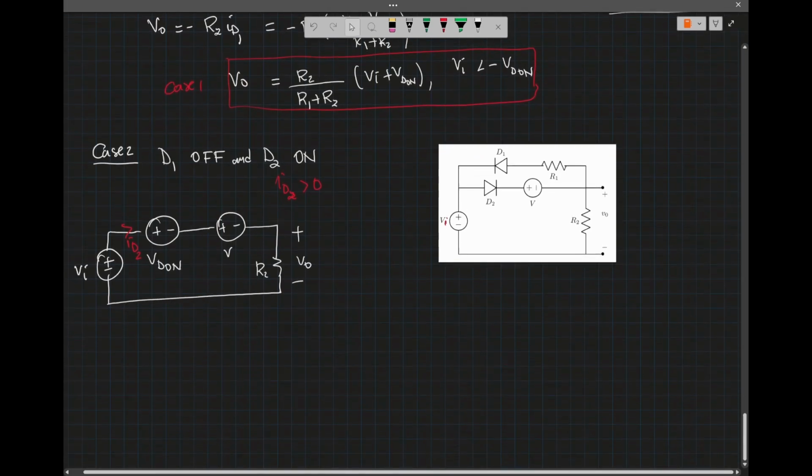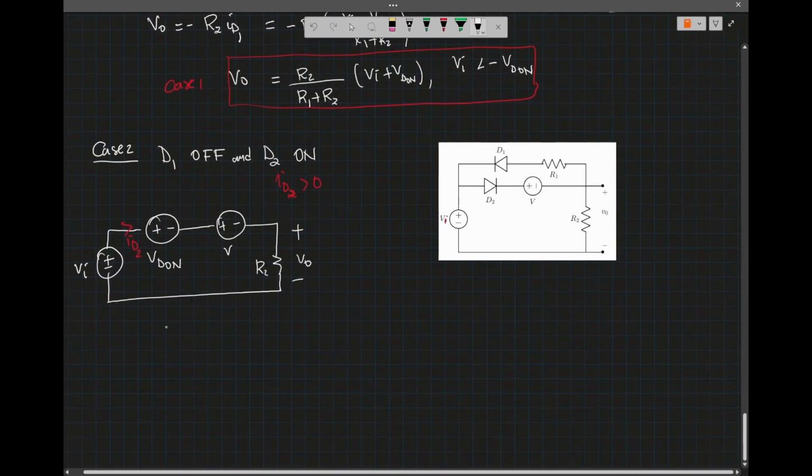Now let's write the KVL. VI will be equal to VD on plus V plus R2 ID2. So this implies that ID2 equals VI minus VD on minus V, divided by R2.